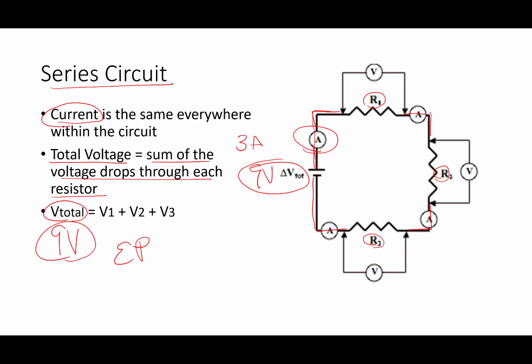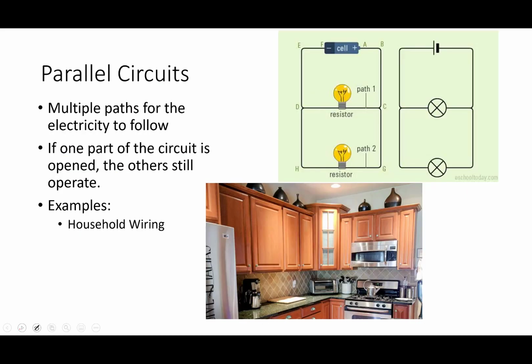As the electricity goes through the first resistor, if all of these resistors are exactly the same, maybe 3 volts of electrical potential get used here, and there's a 3-volt drop. Then as it goes across the next resistor, there's another 3-volt drop. Then it goes through the next resistor, another 3-volt drop. And when it comes back to the power source, you're down to 0. So one side of the battery is 9 volts, the other side is 0 volts, because this is just like gravitational potential energy.